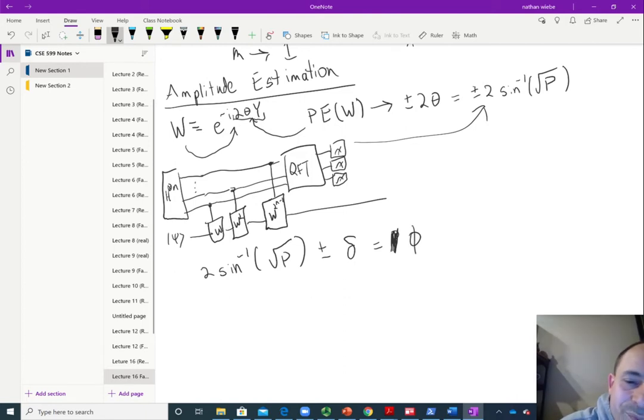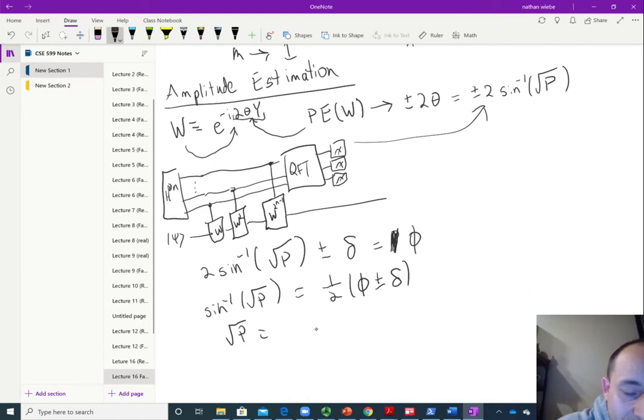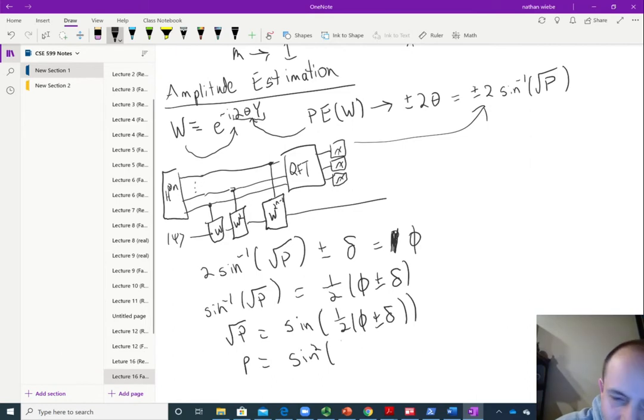Okay? So what we end up getting is the arc sine of square root of the probability is equal to, considering the uncertainty, phi plus minus delta over here. And therefore, the square root of the probability is equal to sine of 1/2 of phi plus minus delta. And therefore, p is equal to sine squared of 1/2 phi plus minus delta.